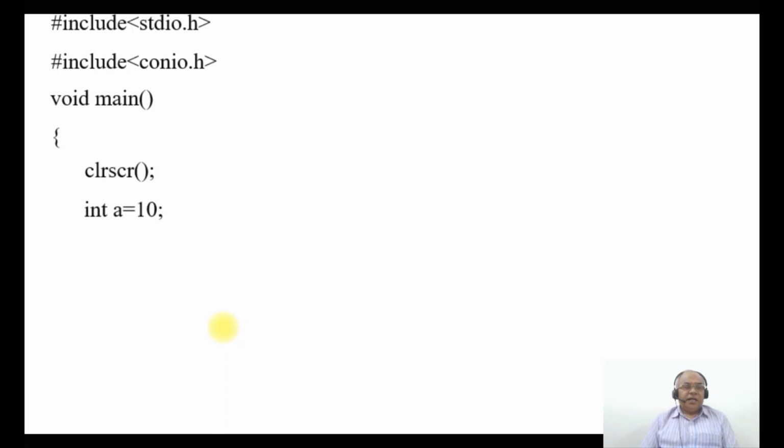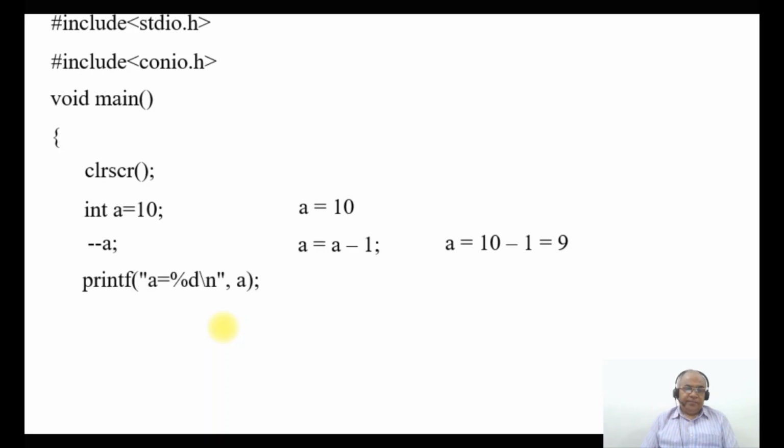So getch function. Suppose if you are considering the pre-decrement now, clrscr, a is equal to 10, --a. Then a will be equal to a minus 1, which will be 10 minus 1, which will again be 9. So printf within quotes "a is equal to %d\n", comma a.